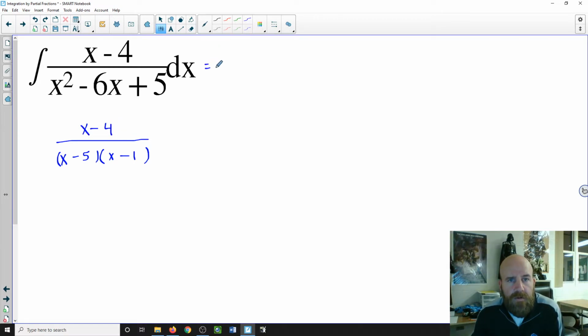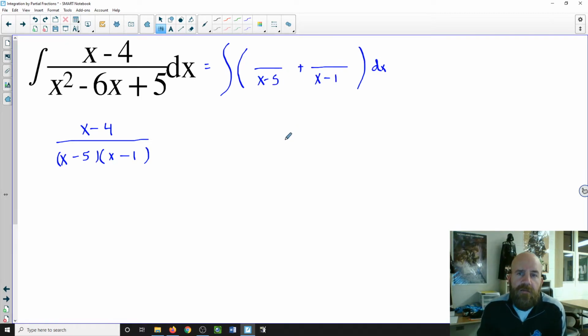Okay, so we can go ahead and set up our integral here. So here's the shortcut. We take our factors, put them down here, just like we would at the end of our system of equation process.